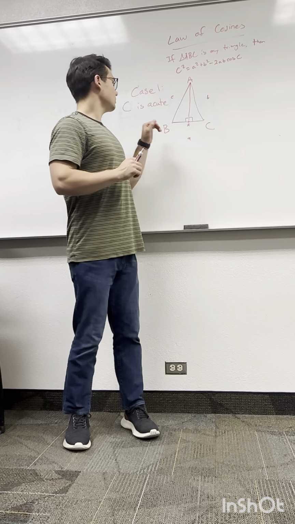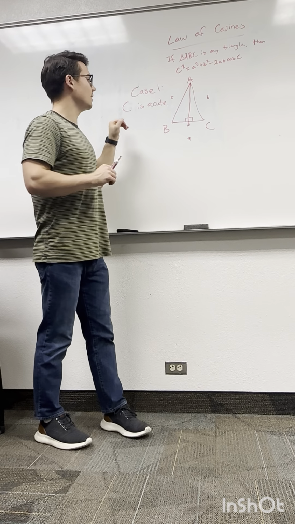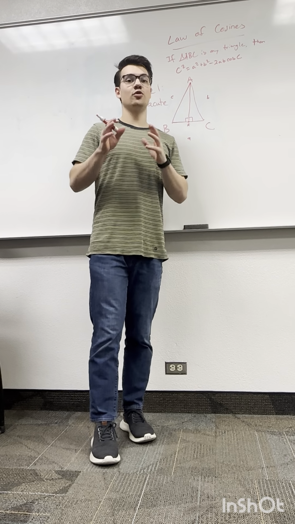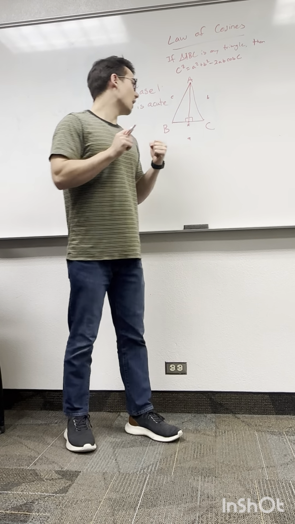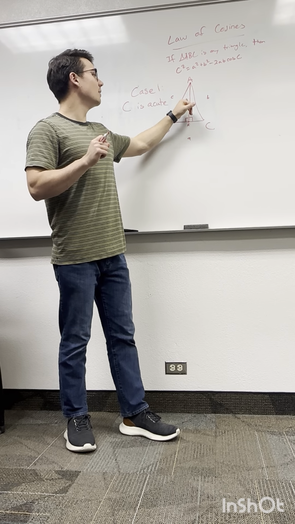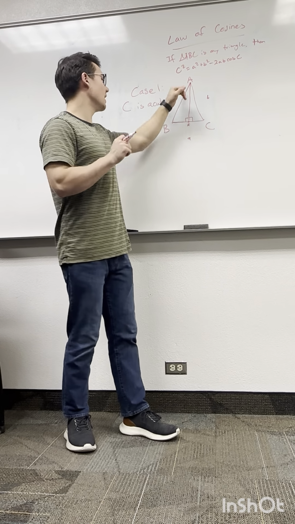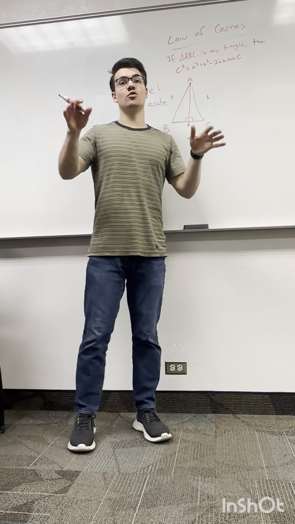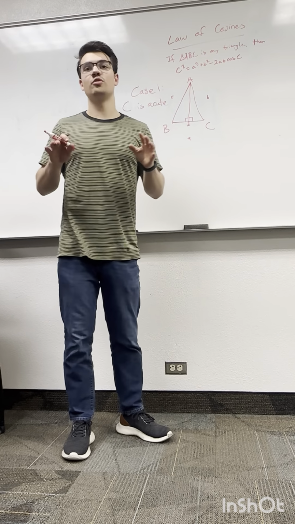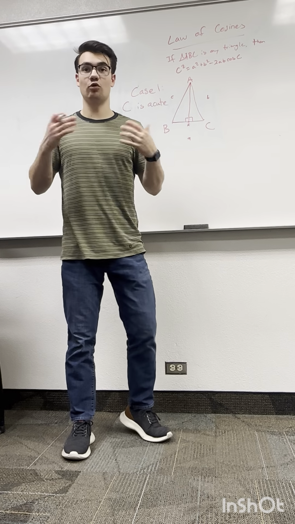So we're going to start by assuming that C is acute. And actually, before we do that, we're going to establish a different relationship real quickly by dropping a perpendicular from A to side BC. You see, to this point, Dan 2, the only relationships we have come from having a right triangle.